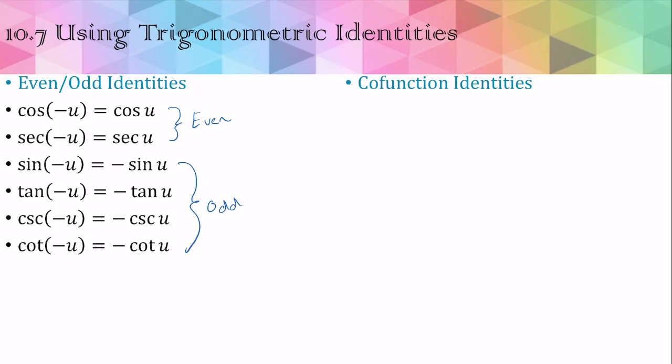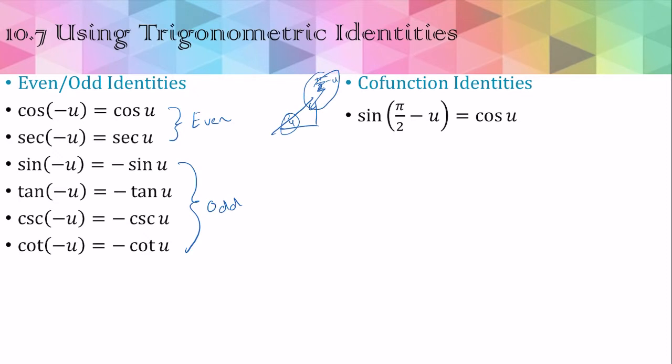And then the cofunction identities. Sine of pi over 2 minus u equals cosine. So this comes from the right triangle. So if this is u, that angle is pi over 2 minus u. So it's saying sine of this angle equals cosine of that angle.